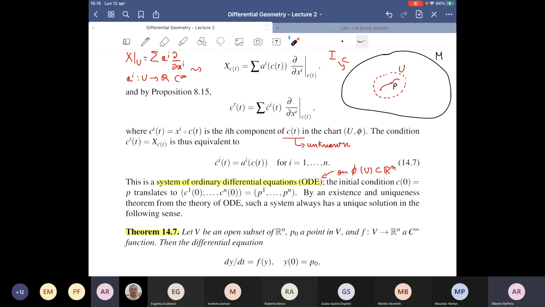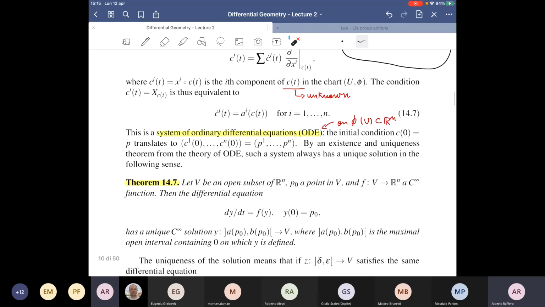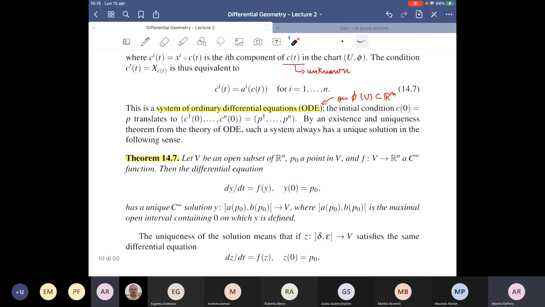So we have a system of ODEs, we have an initial condition, and everything is smooth, so we do not have any problem of regularity of any kind. And so we can use a theorem of analysis to conclude that any such system of ODEs with an initial condition has a unique solution.